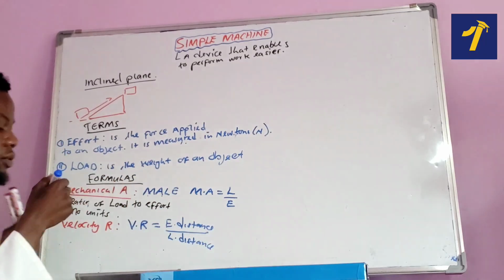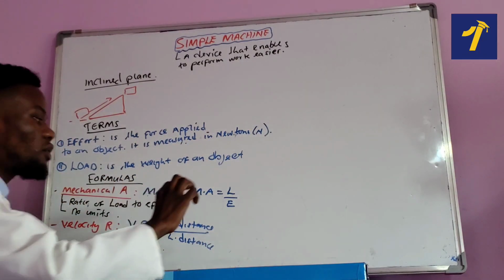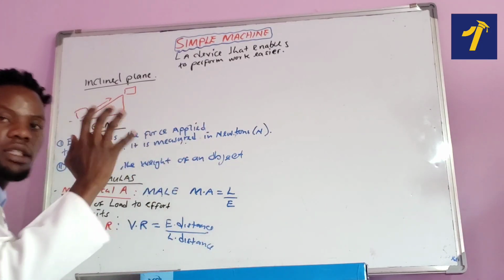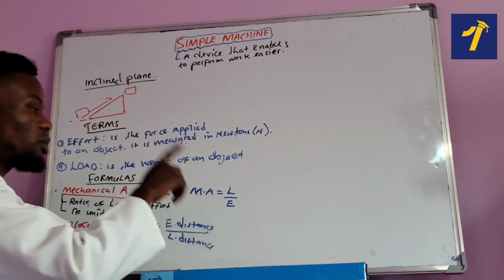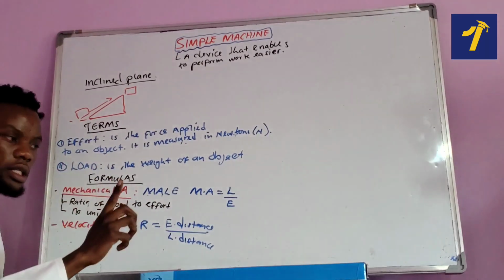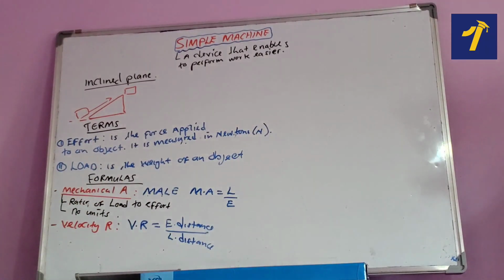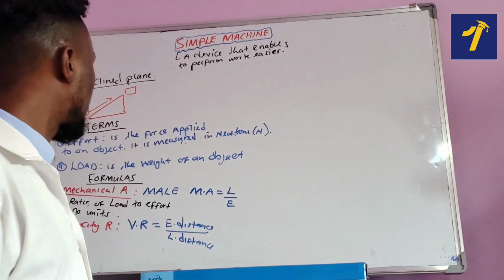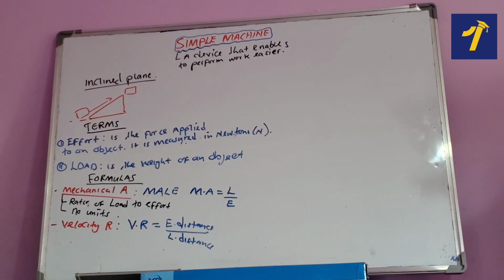In simpler terms, for mechanical advantage we just use load and effort, measured in newtons. But here you put effort distance over load distance. Look at what we mean when we start calculating something. These are the important things that you need to remember. And the last one is efficiency.